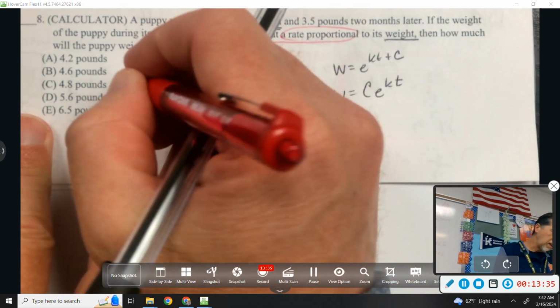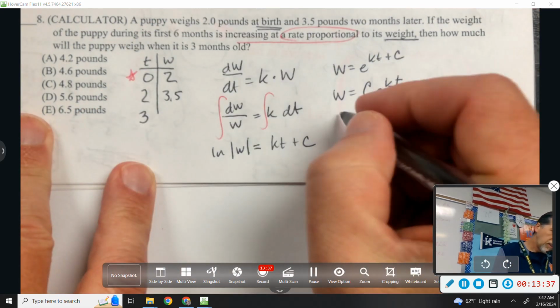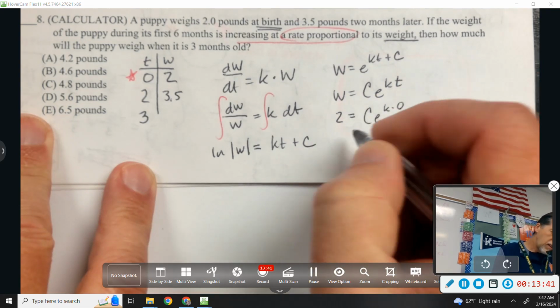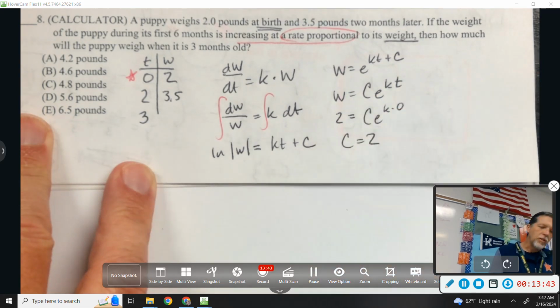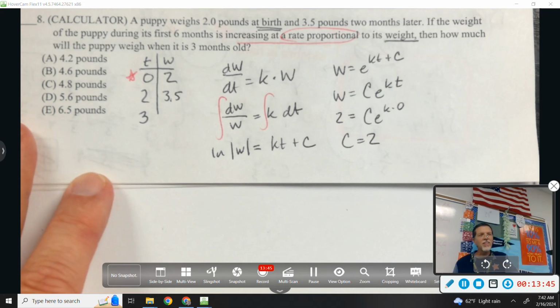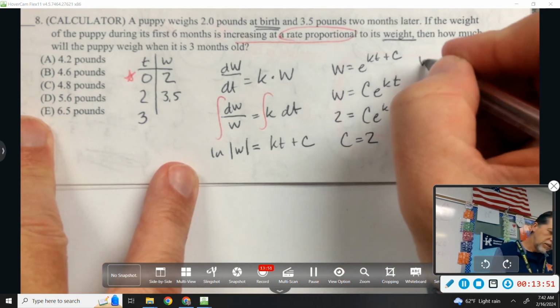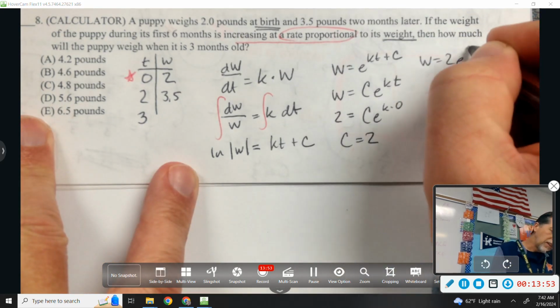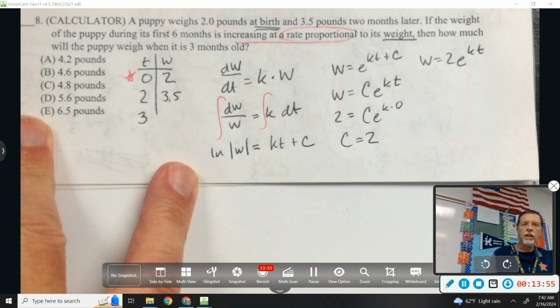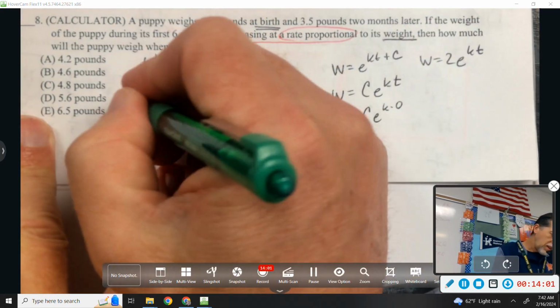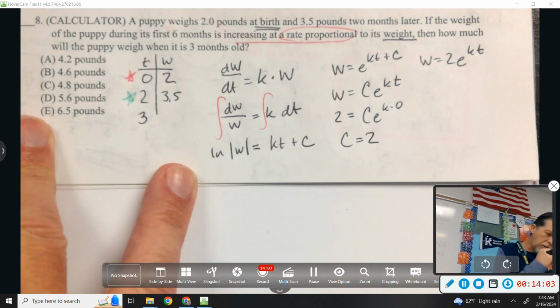So let's plug in 0, 2. How many times do I have to do this before I realize that the c is the initial value? So w equals 2e to the kt. Next, let's plug in 2, 3.5.